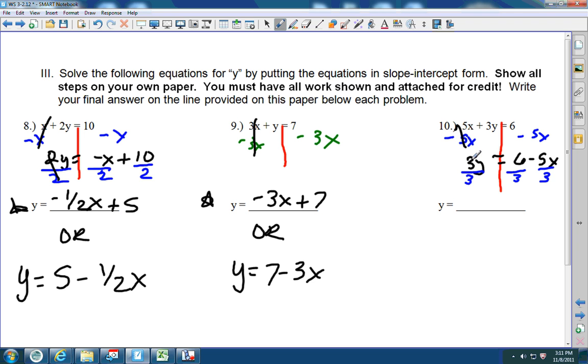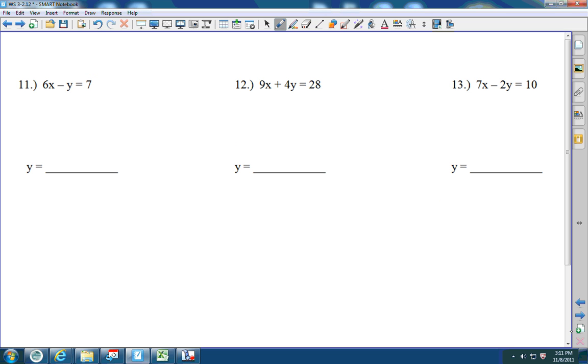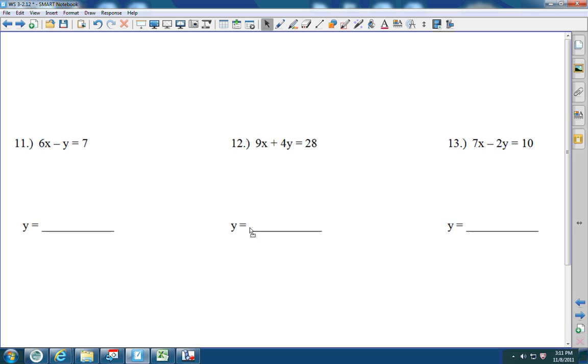I'll get y equals 6 divided by 3 is 2 minus 5/3 x, or for slope-intercept form, y equals negative 5/3 x plus 2. Here are the next ones. Oh, next one's pause the video and see if you can get these right.